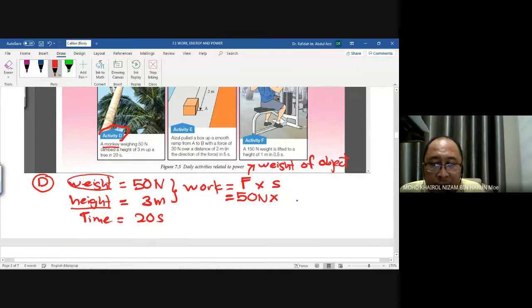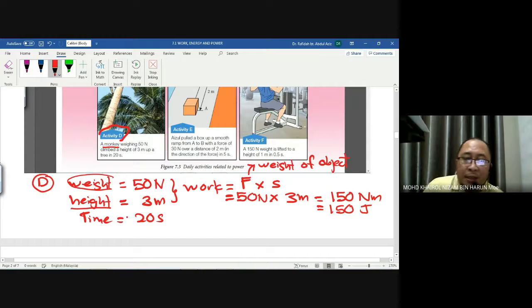So 3 meter times 50 Newton gives 150 Newton meter, equal to 150 joule. Same unit, same explanation. So what is the power of this monkey when climbing a tree?